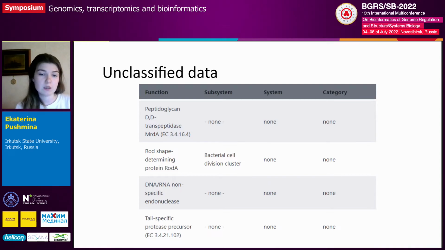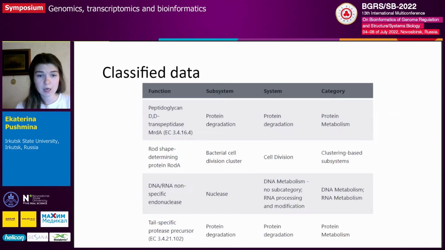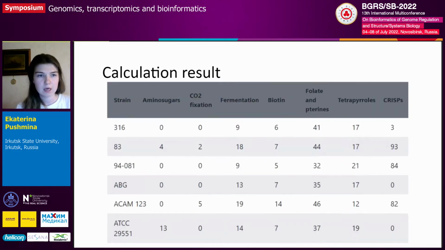Thus, data with unclassified functions is received at the input. As a result, a table with classified functions is formed. There are functions that are not classified by RAST, and if necessary, some of them can be classified by keywords. The classification results are then used as input data for calculations.